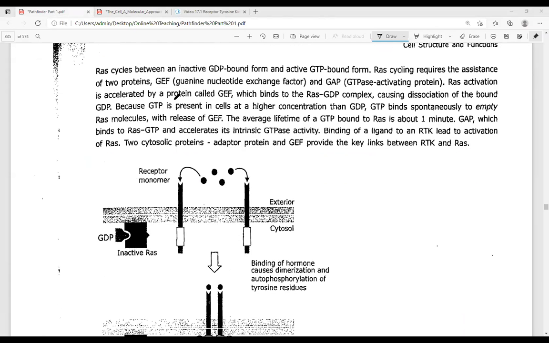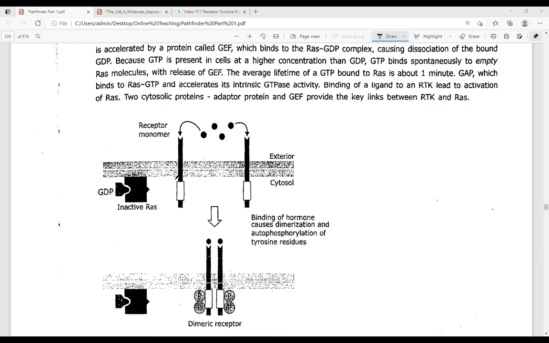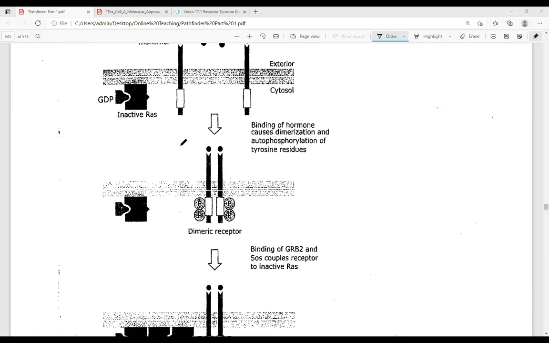The activation of this pathway involves the binding of the ligand over the extracellular surface of this particular receptor tyrosine kinase. As the binding of the ligand takes place, the cross phosphorylation occurs. Binding of the hormone causes dimerization and autophosphorylation of the tyrosine residues.